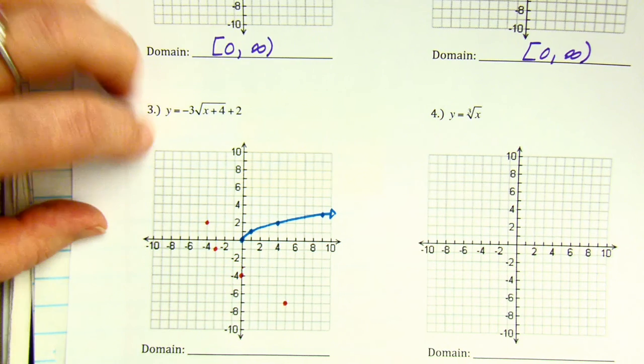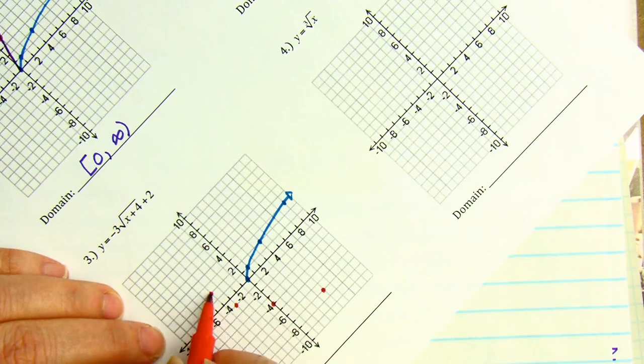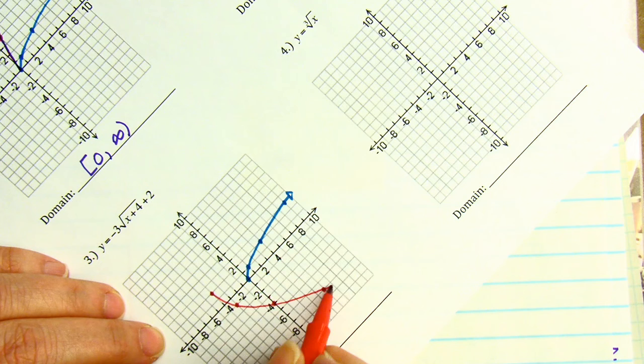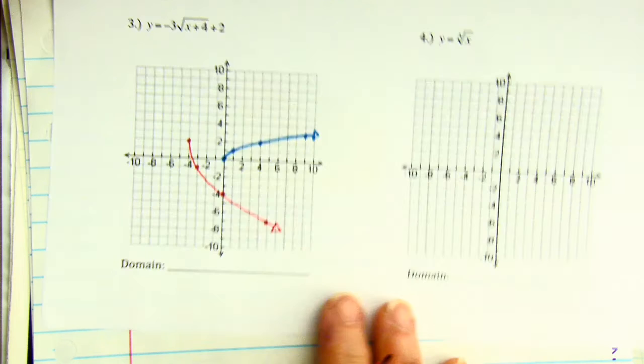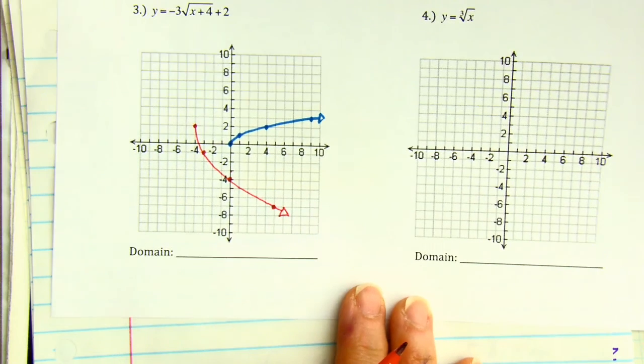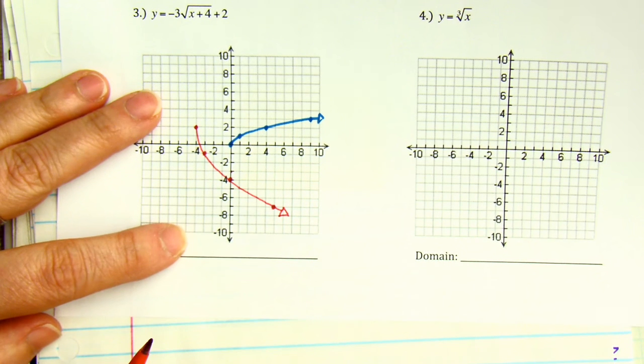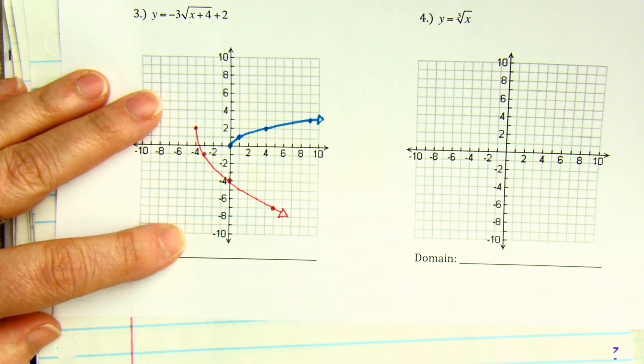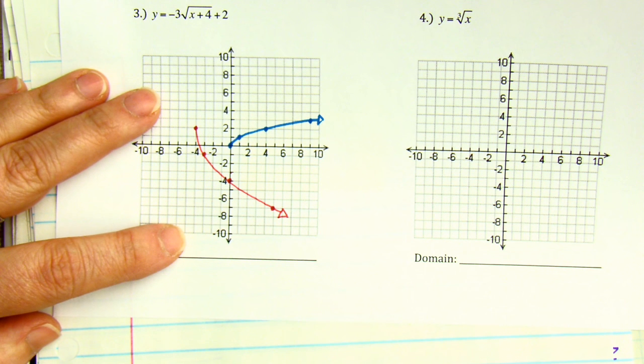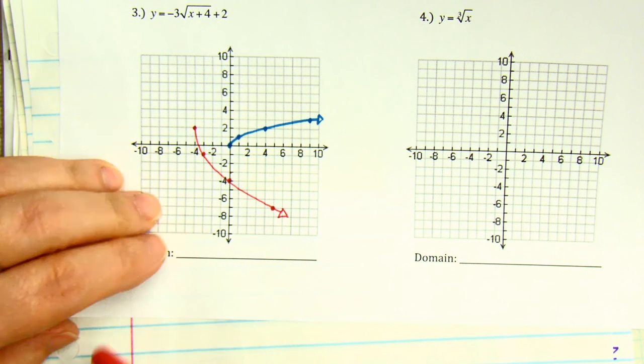And now I'm ready to connect my points with a smooth curve. Okay, so this red graph is my parent function shifted up 2 units, to the left 4, stretched by 3, and reflected over the x-axis.